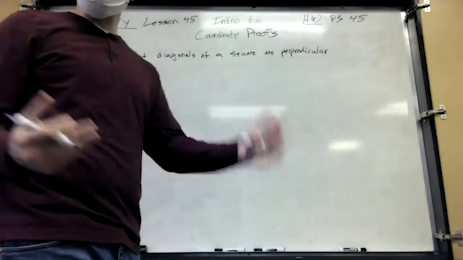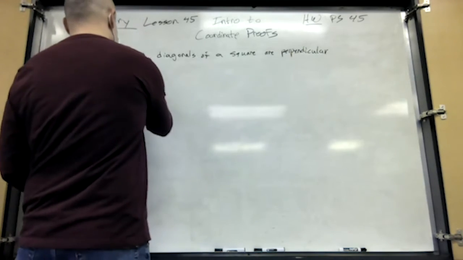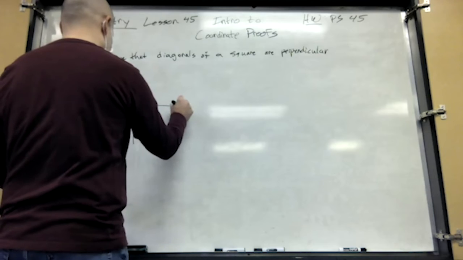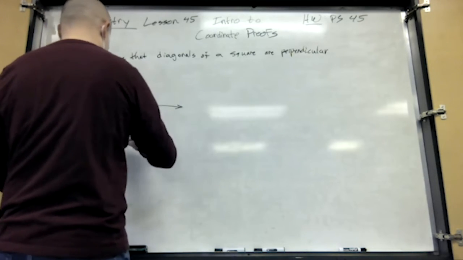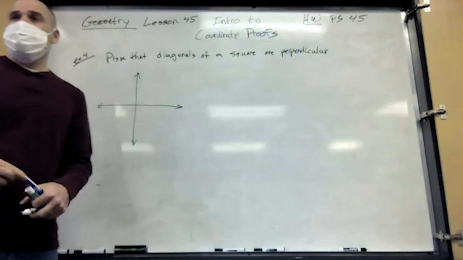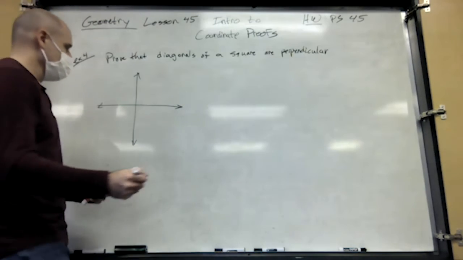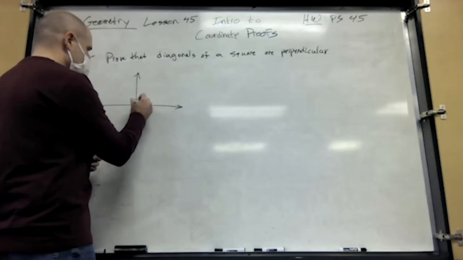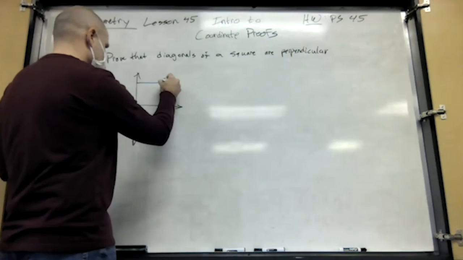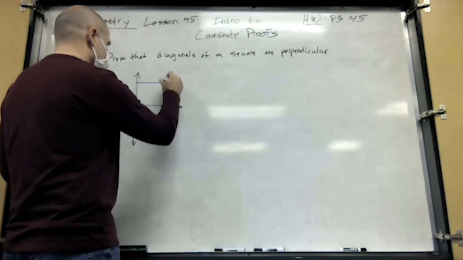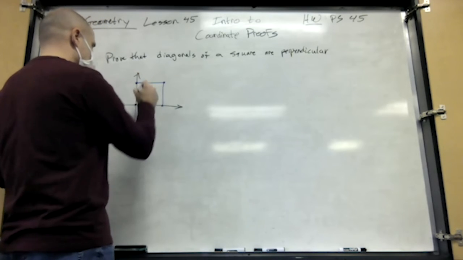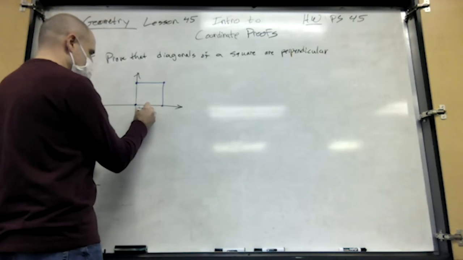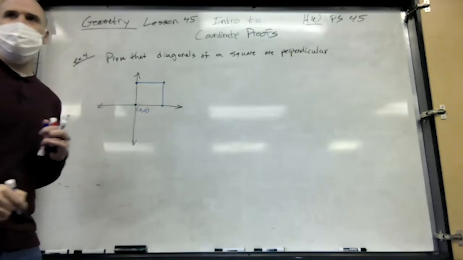So, any suggestions on how to draw my coordinate square? Where should I draw my square? Okay. So then I'm going to go like this. So what are the coordinates of each of these vertices? So this is 0, 0, right? What about this?